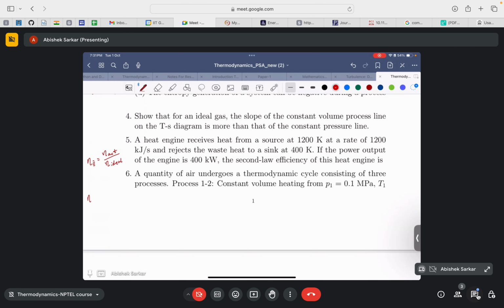If instead of this heat engine, we substitute a Carnot engine, the efficiency of that Carnot engine would be taken as the ideal efficiency. I think it's quite simple. Just substitute the values. You need to find the actual efficiency first, and then tell me the answer.